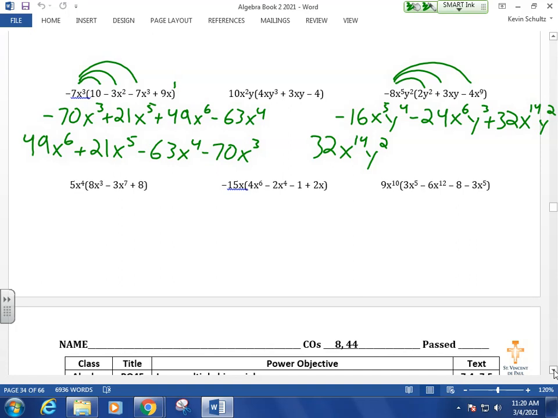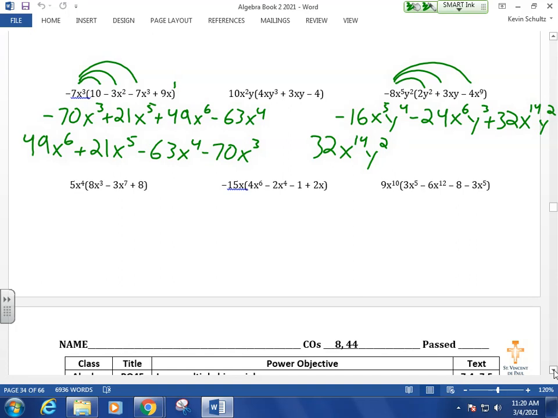So in the first one here, negative 70x cubed has a degree of 3, 21x to the 5th, a degree of 5. When you've got 2 variables with 2 powers, it's the sum of those 2. So 32x to the 14th y squared would have a degree of 16. You look at our other 2, and they both have a degree of 9, right? 5 plus 4 is 9, 6 plus 3 is 9. So which one would come first?